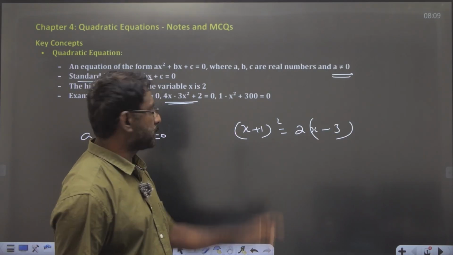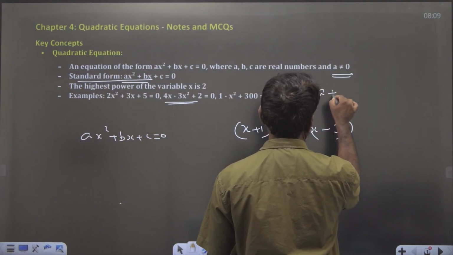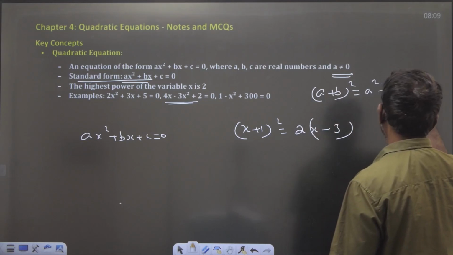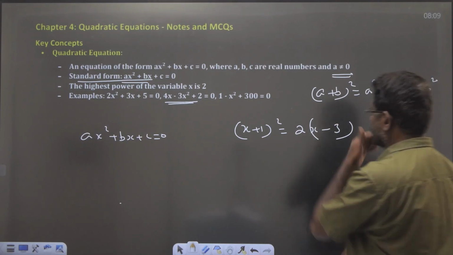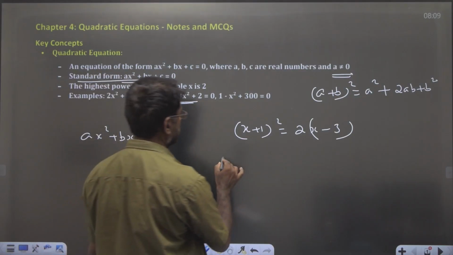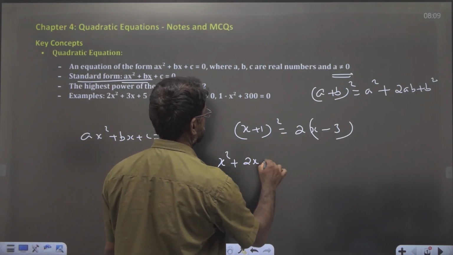How we can convert? Left hand side is a plus b whole square form. a plus b whole square is equal to a square plus 2ab plus b square. Therefore, x plus 1 whole square is equal to x square plus 2x plus 1.